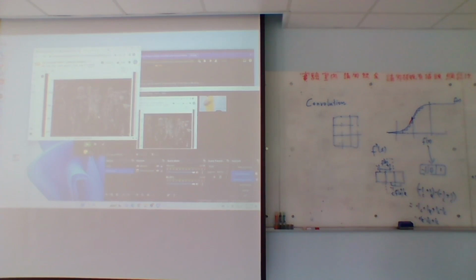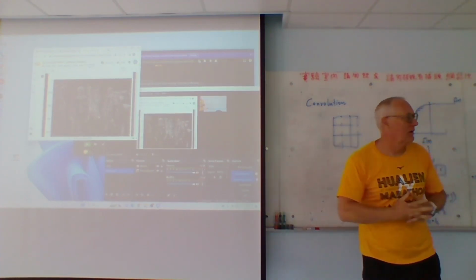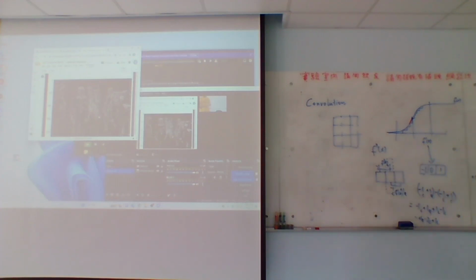What these numbers here actually are doesn't really matter to the CPU. The CPU will just calculate the multiplication and then add them all up together. So that's looking pretty nice. That's exactly what we wanted. We wanted to avoid these spurious edges where we have multiple edges side by side. That doesn't make any sense.